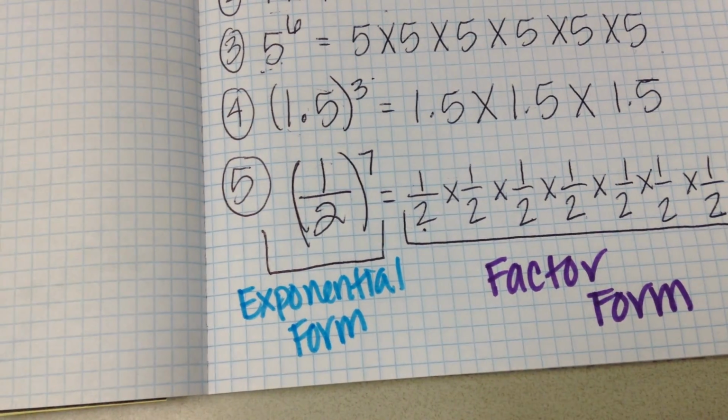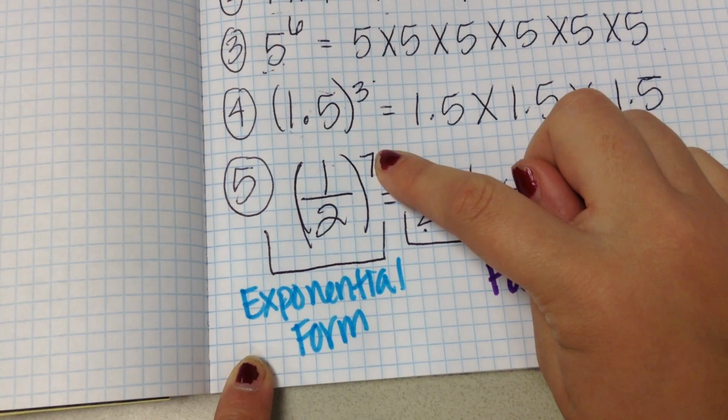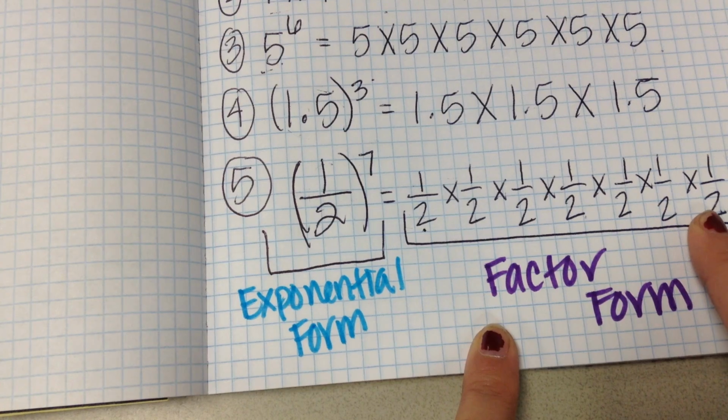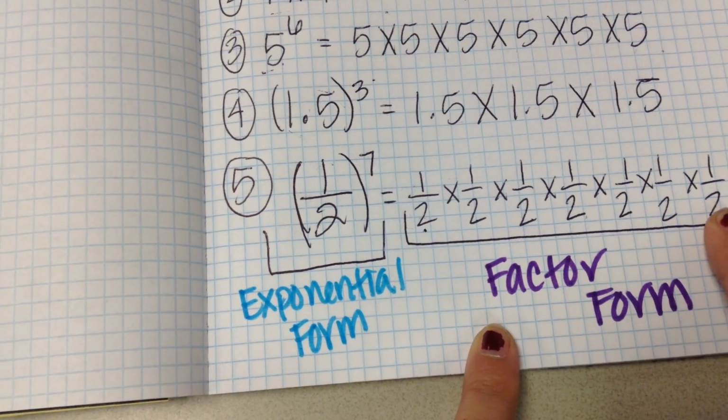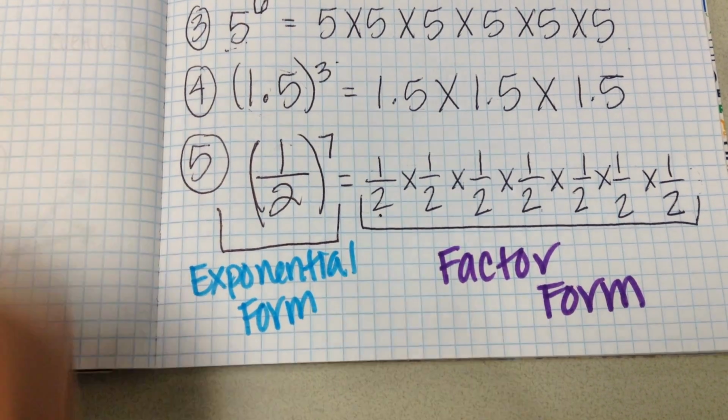And it's pretty easy to remember because exponential form has an exponent, and in factor form you can see all of your factors, all of the numbers that you're multiplying, okay? So make sure you remember these two as well, okay?